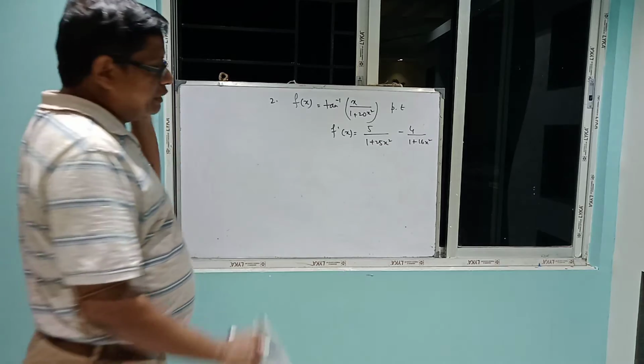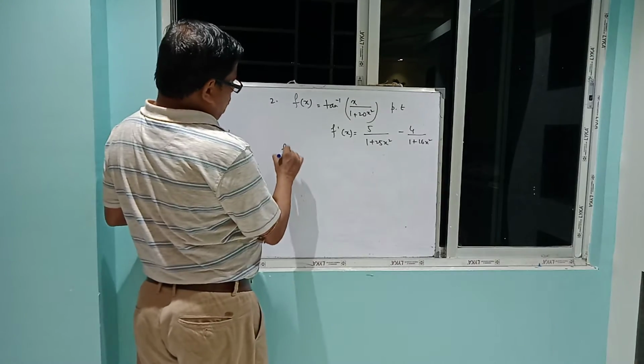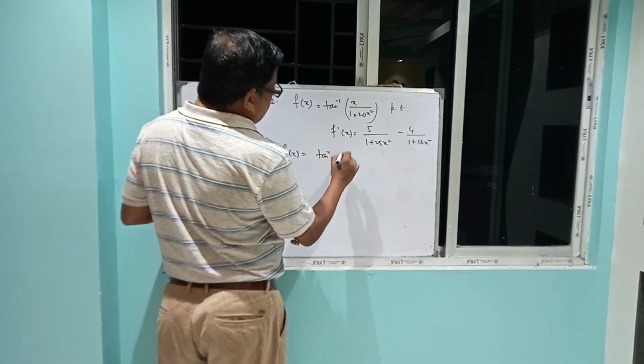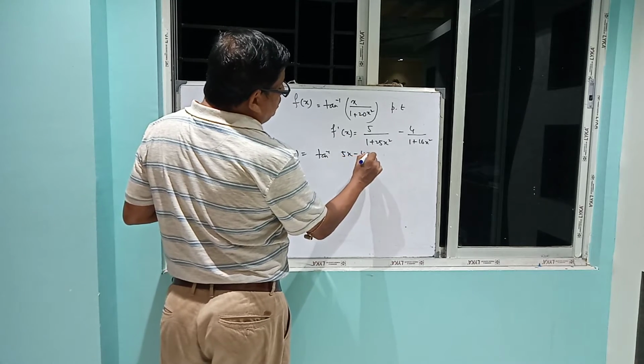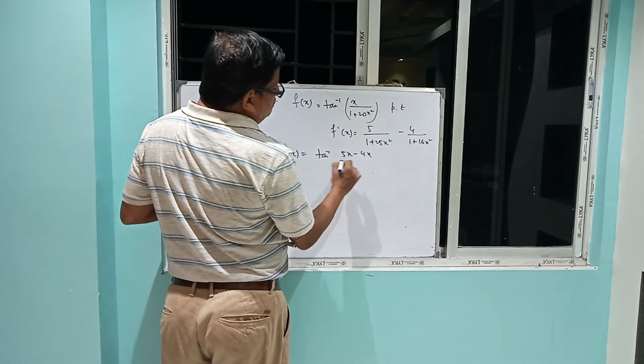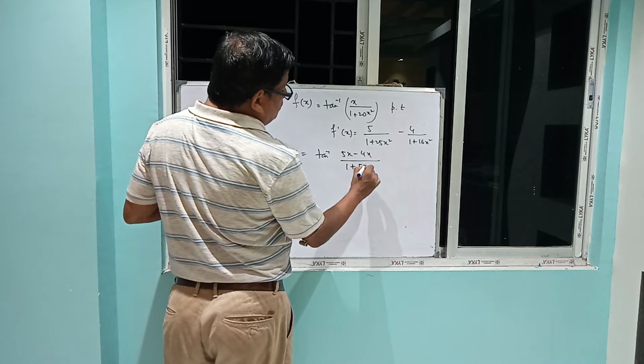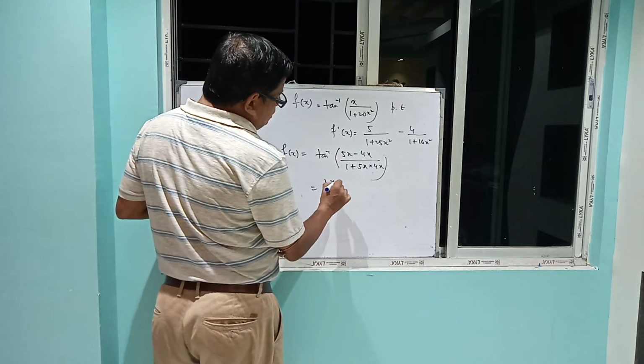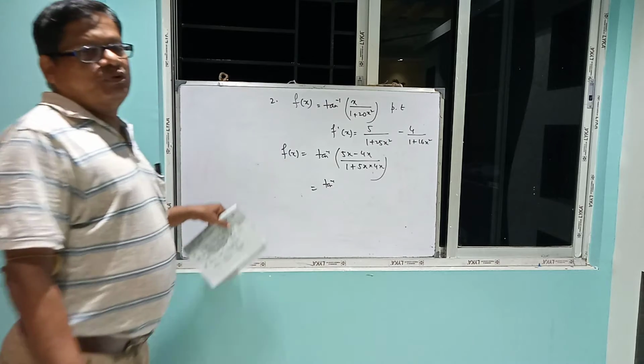Okay, so now write, we can write f of x tan inverse, this one we can write here 5x minus 4x, so this is x by 1 plus 5x into 4x. Understood? So write tan inverse a minus b by 1 plus ab.